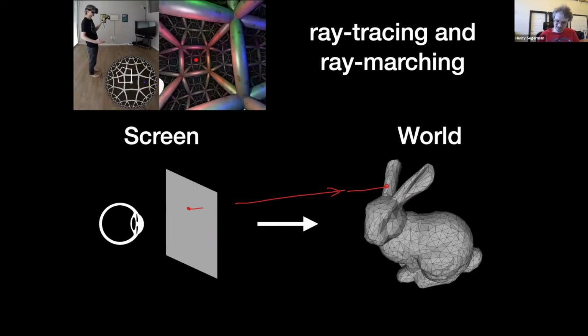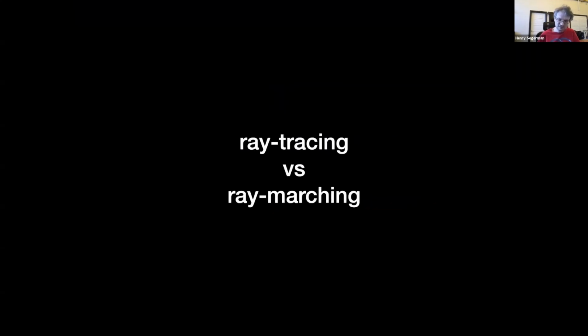So it all gets messy and difficult. So that's a very brief introduction to the differences between those two. And now let me make the distinction between ray tracing and ray marching.